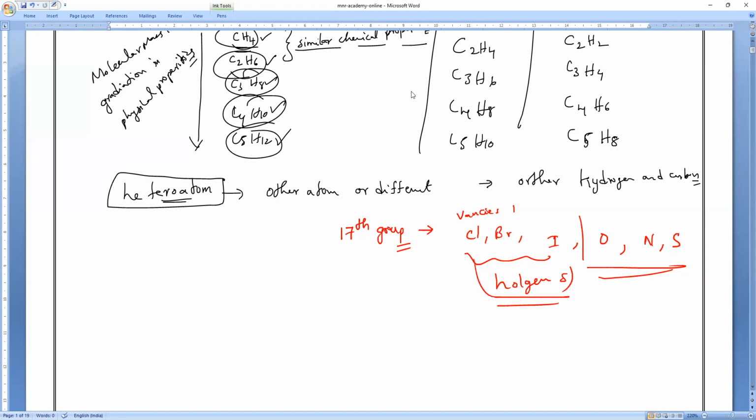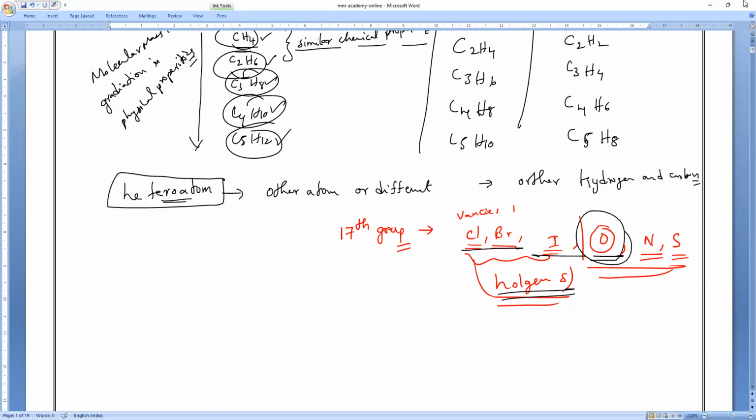One is halogens, replacing with chlorine, bromine, or iodine. The second type is only oxygen. We do not even have any compounds in class 10th with nitrogen and sulfur. Only two types: halogen, that is chlorine, bromine, iodine, and the next one is oxygen.